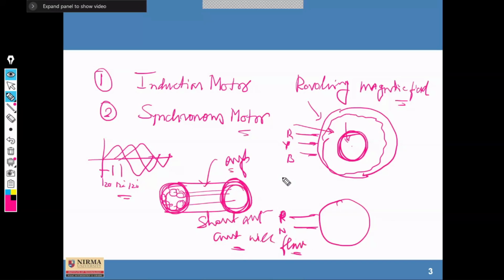So instead of wires, copper bars are inserted in the rotor of AC machines, and these copper bars have a thick diameter compared to other conductors. Clear? So here EMF is induced, and the current flows because all these bars are short circuited. This current again has its own magnetic field, and hence the induction motor works.